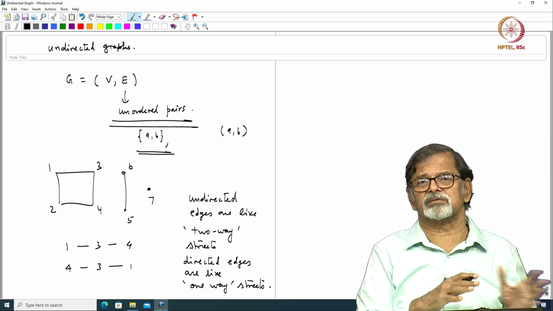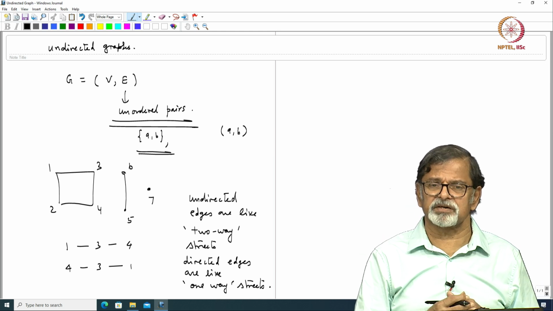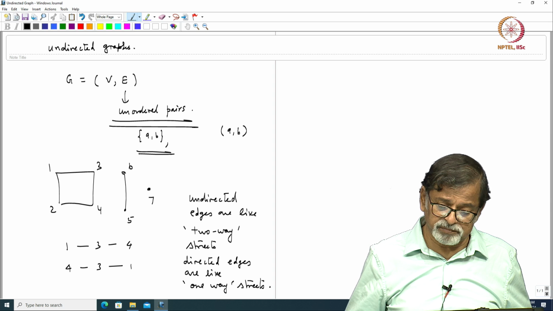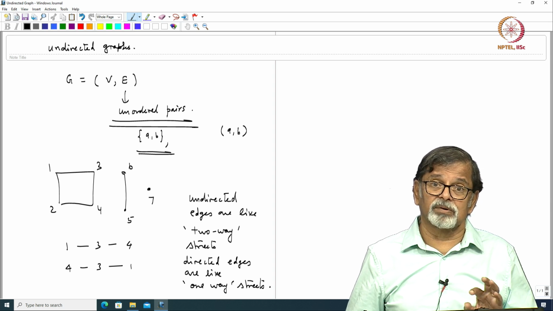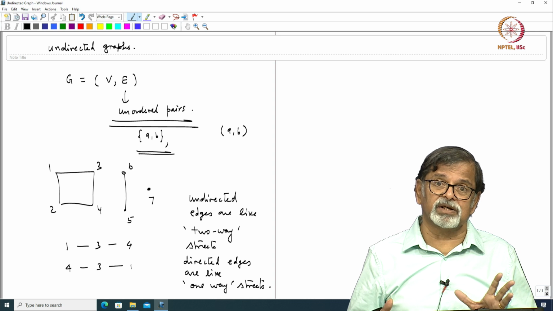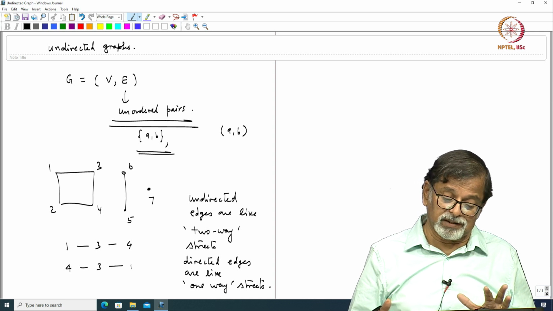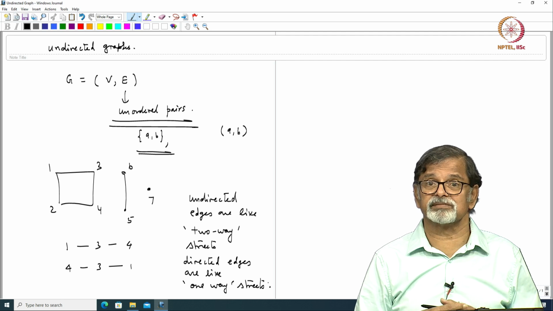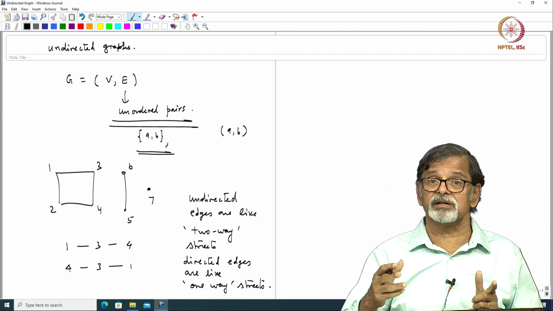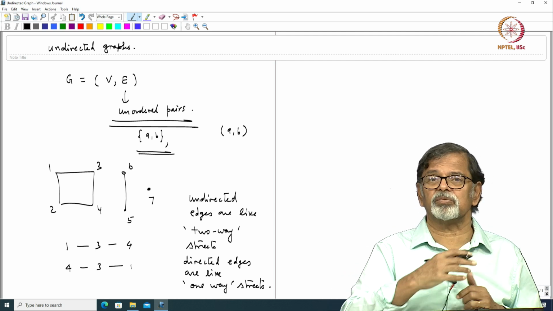So, you can traverse in both directions. Therefore, you see that we assume that the edge 1 3 as well as 3 1 exists, because you can go from 1 to 3 or 3 to 1.